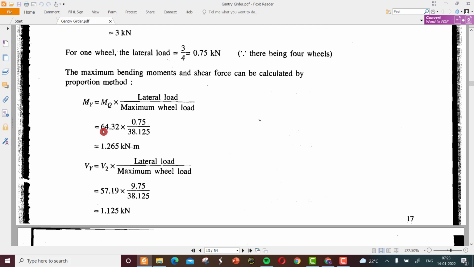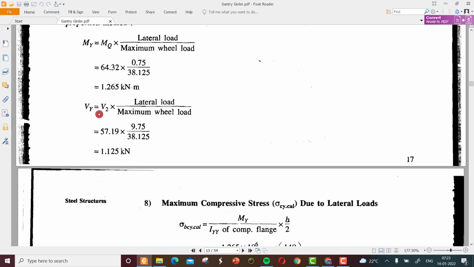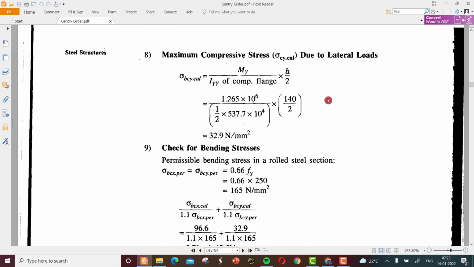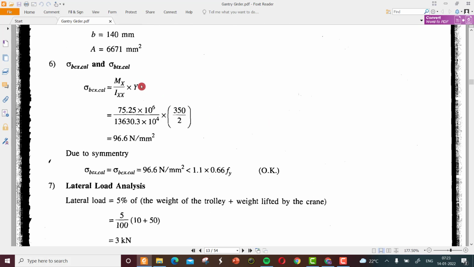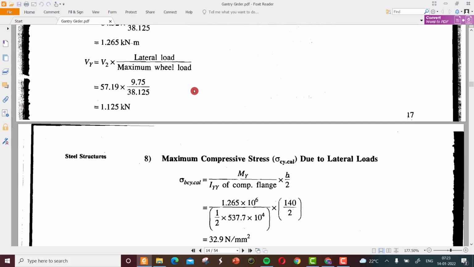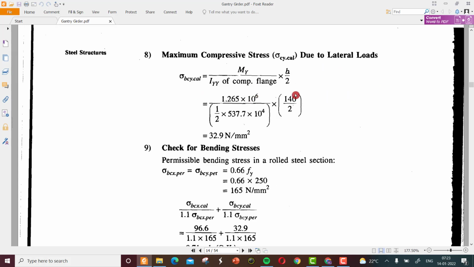Those calculations give 1.625, which is the bending moment produced on the gantry girder by this lateral force. Similarly, the lateral shear force is given by V2 into lateral load by maximum wheel load. We get 1.125. The maximum compressive stress due to the lateral loads we can find like this. Previously we calculated the normal bending, but now we are into the lateral bending.